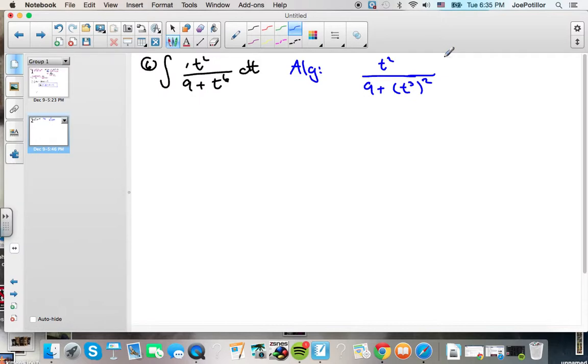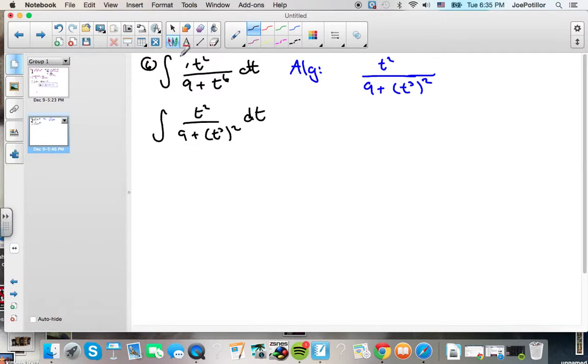Now that I have done it this way, I can see the substitution that I'm supposed to use. So let's take this function and put it back into the integral. So this is going to become the integral of t squared over 9 plus parentheses t cubed squared, like that, dt.